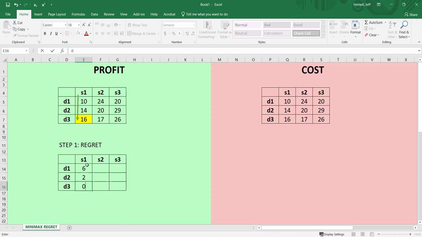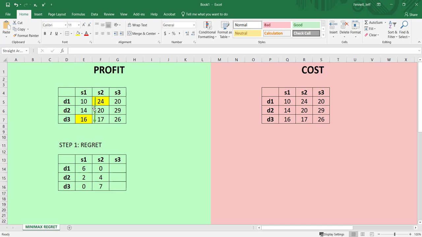So we've created this for state of nature 1. We're going to do this for each of the other states of nature. Again, we look at the best option, which in this case would be a profit of 24 units. So 24 minus 24 is 0. 24 minus 20 is 4. 24 minus 17 is 7.